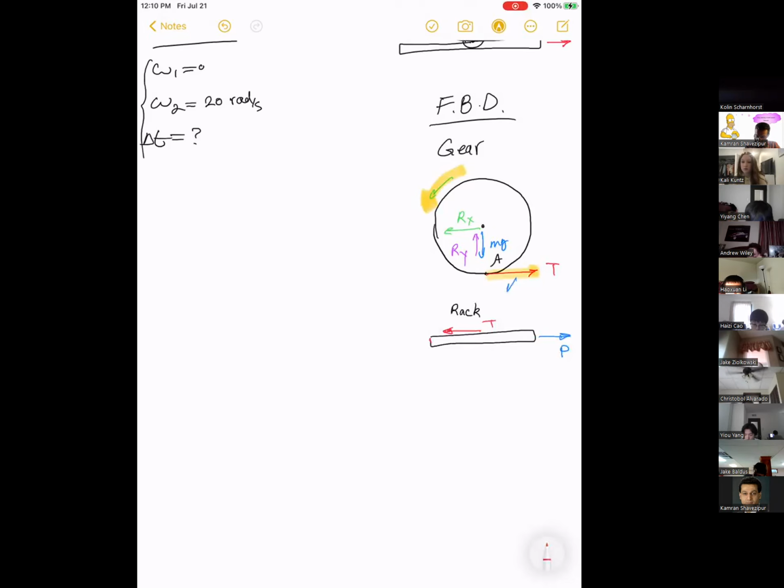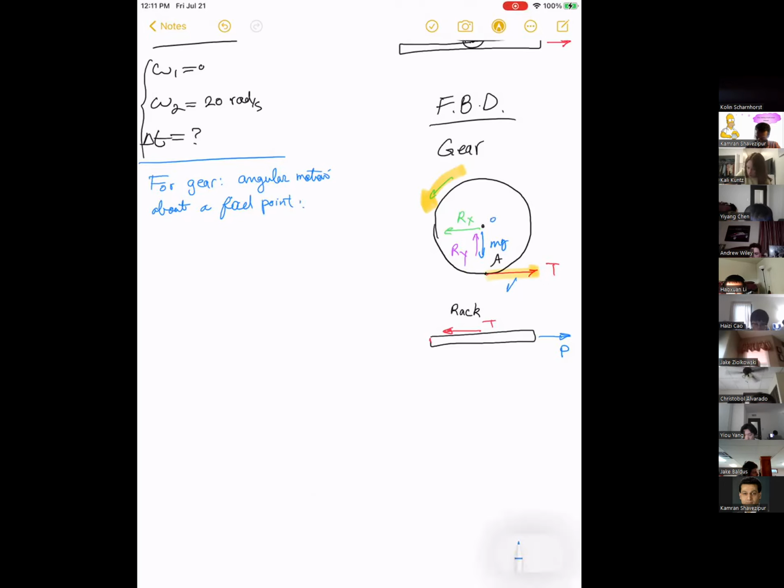Now let's write the equations of motion in terms of impulse and momentum. For the gear, we have just angular motion about a fixed point. Let's call it fixed point O, right?